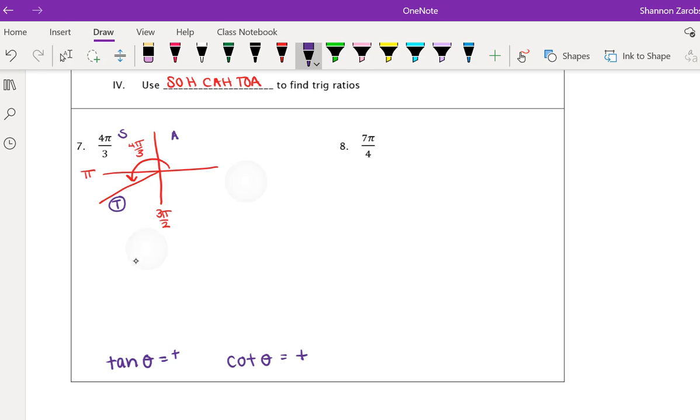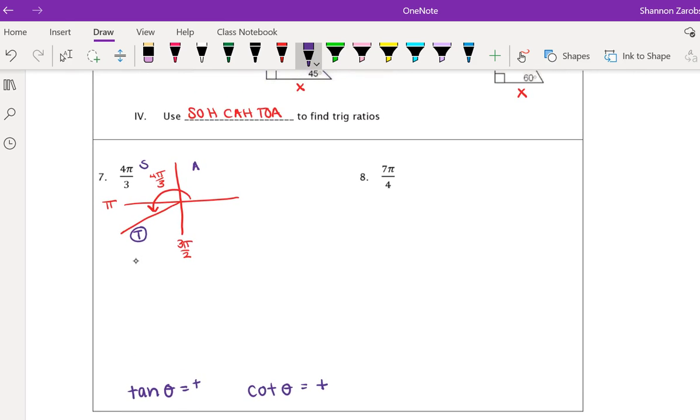All right, so now let's find this reference angle. If I'm in quadrant 3, that means that I'm taking theta minus pi. So I'm taking 4 pi over 3 minus, let's convert that to have the same denominator, 3 pi over 3, which tells me I have pi over 3 as my reference angle.